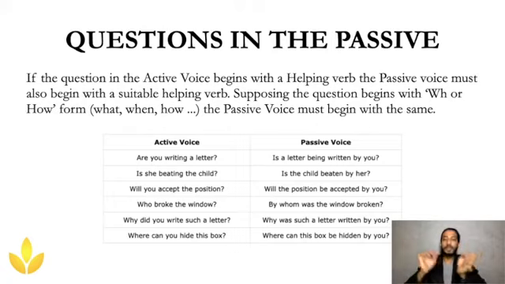So can you becomes by you there. And this box remains the same in the active voice and the passive voice because it is referring to the box with a helping preposition, this. So it comes in a similar way to the subject's place. So where can you hide this box? Where can this box be hidden by you?